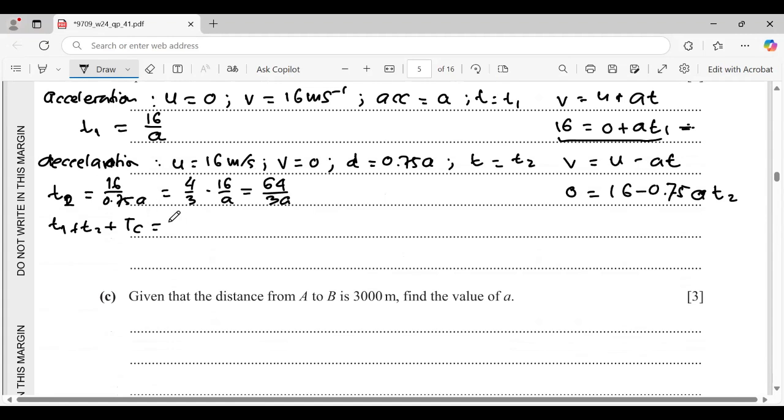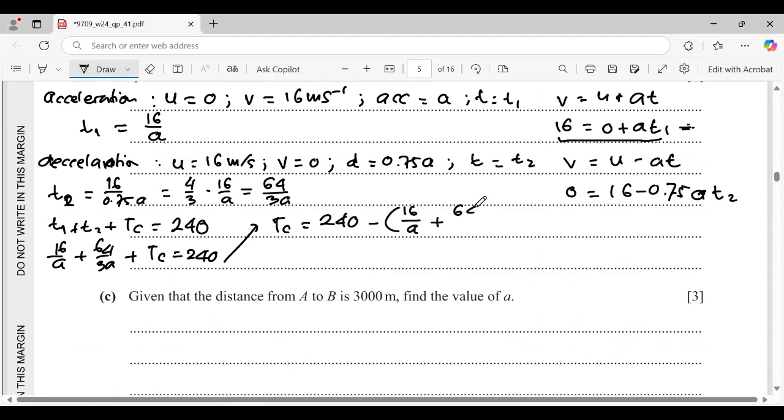The total is 240 according to the information. So 16 over a plus 64 over 3a plus TC equals 240. So TC equals 240 minus, 16 over a plus 64 over 3a.